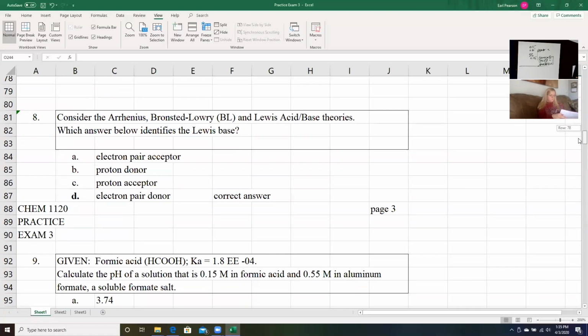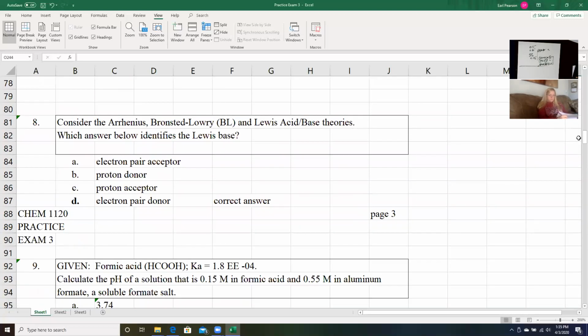Okay. All right. We look at the Arrhenius acids, Bronsted-Lowry, and Lewis acid bases. Which of the four identifies a Lewis base? Now Lewis has to do with electron pairs. What I like to do, like I told you a while ago, is not memorize both of two alternatives.